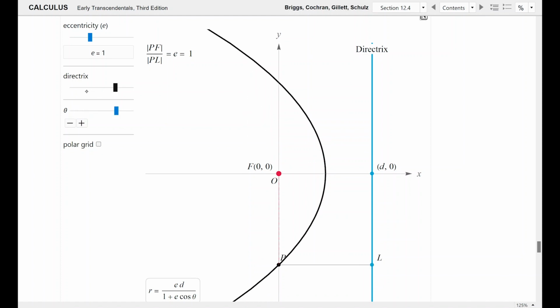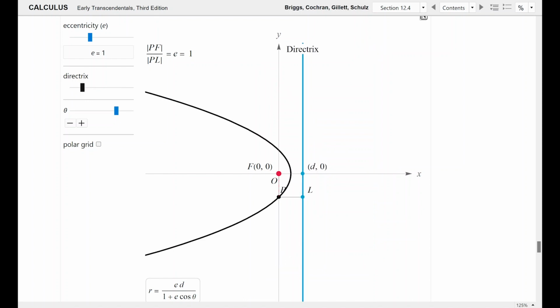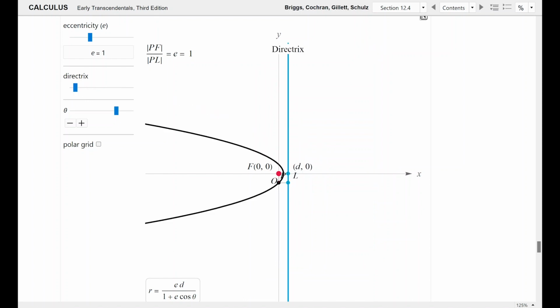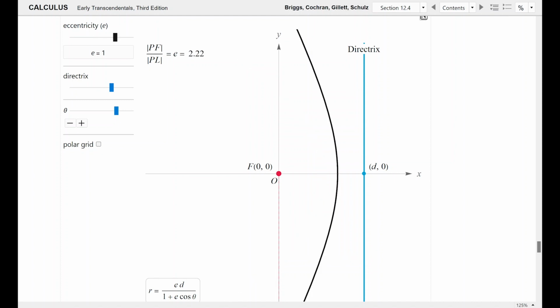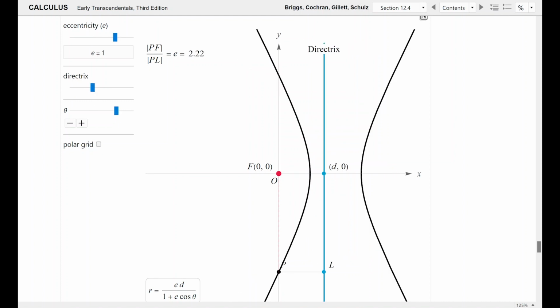We can change the directrix, and now it's over there, and we could change the eccentricity, and here we should get a hyperbola, but it's kind of difficult to see there unless we play around with the directrix. And again, we could change the angle theta and see how we're running along this hyperbola.